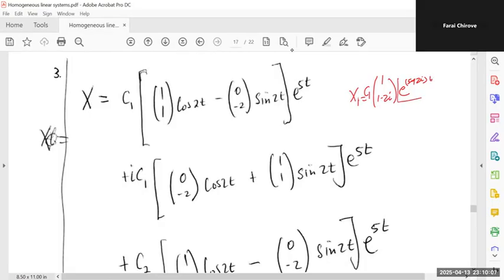So now we have expanded this to give us C1, 1 minus 2i times e to the power 5t. Now inside is cos 2t minus i sin 2t.